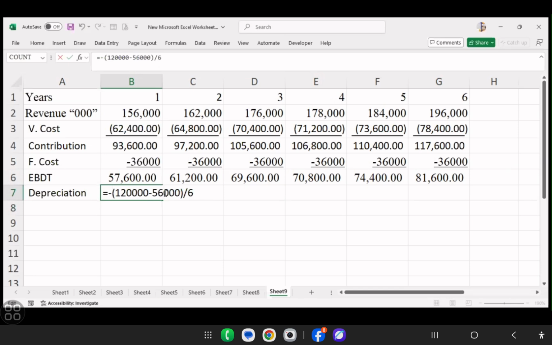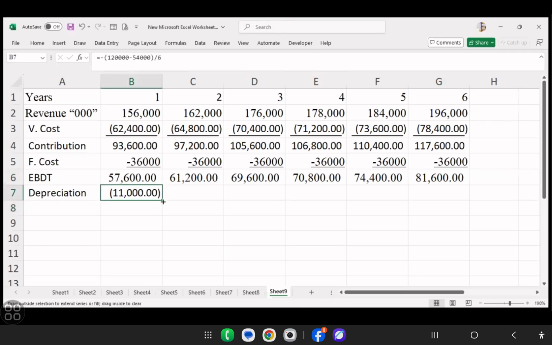I think it was 54. Let me check from the question. Yes, the salvage value is 54.